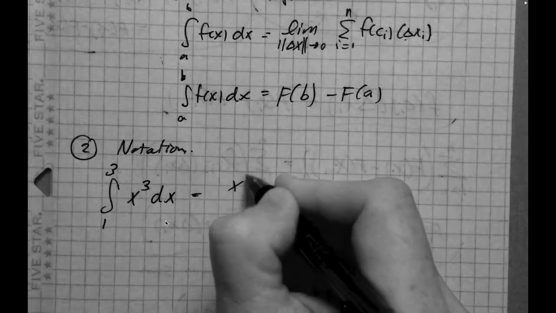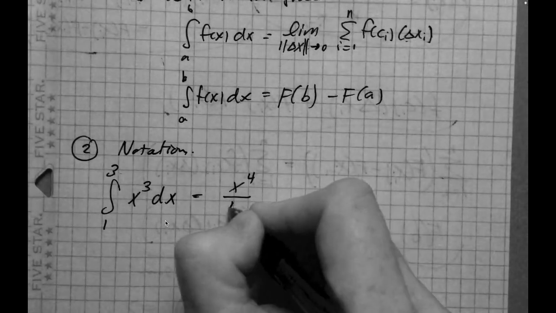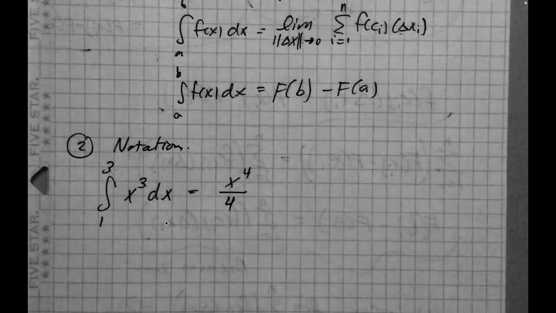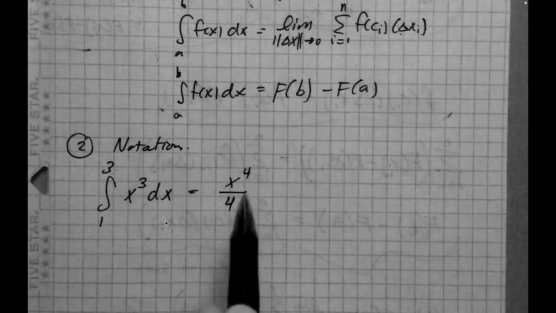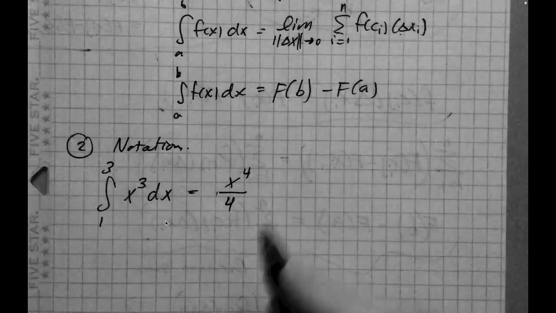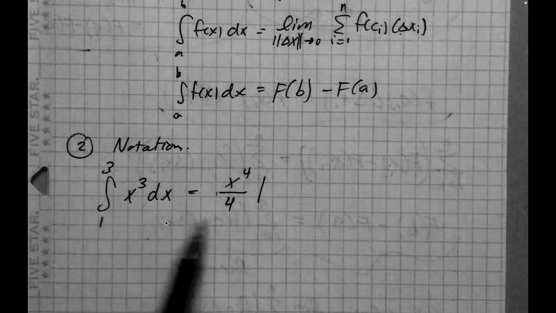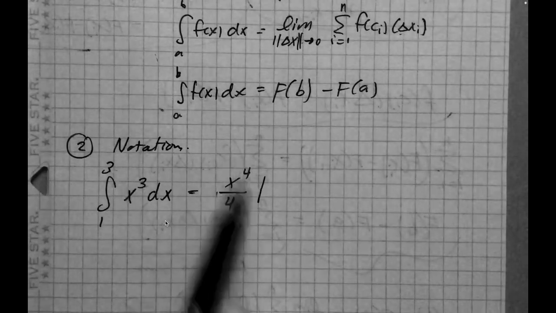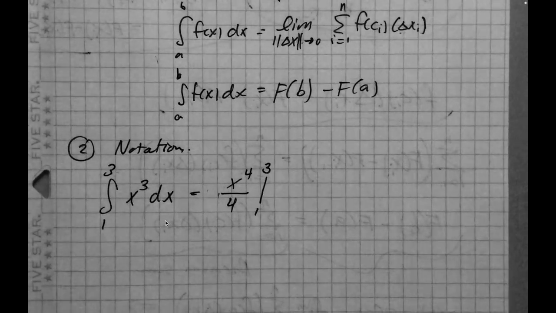We know that they are all of the form x to the 4th over 4. Now we're going to leave off the plus c for now, and we'll get to that in a second. Let's pretend there's no plus c here. Generally the antiderivative would be x to the 4th over 4 plus some constant, but leave off the c for now. Now what we can do is find the antiderivative and then plug in the values 1 to 3.